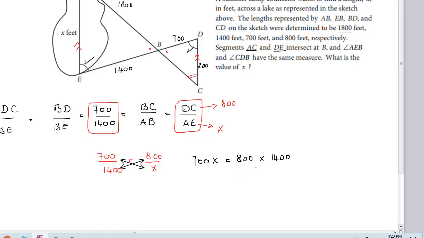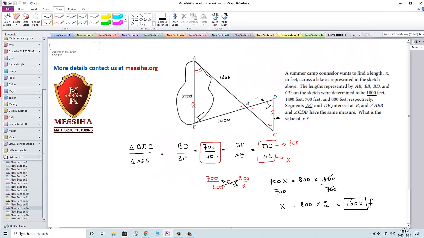That means if I want to isolate X and I divide by 700, I can do the same thing here. So X equals 800 times, and here this with this is going to give me 2. That means 1600 feet. And this is going to be the answer of the question. Thank you for your attention.